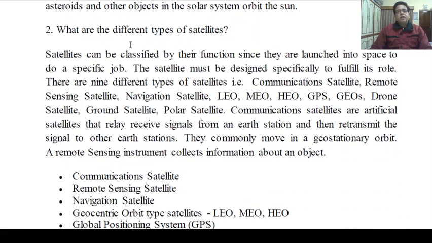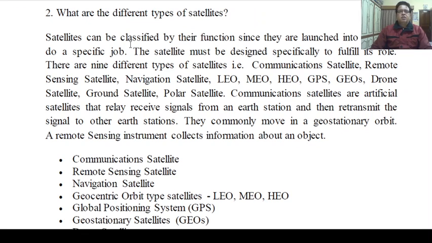What are the different types of satellites? Satellites can be classified by their function, since they are launched into space to do a specific job. The satellite must be designed specifically to fulfill its role.